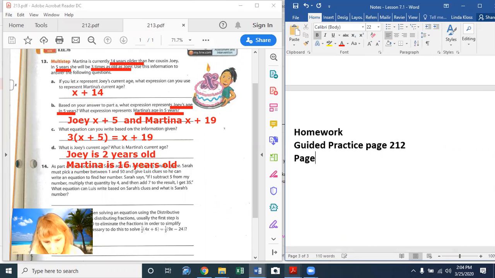And then I want you to do page 213, and I believe I want you to do 214 as well. Do I have page 214? I believe I do. So page 213 to 214, numbers 13 through 17, but we've done 13. So you only have 14, 15, 16, and 17 to do.